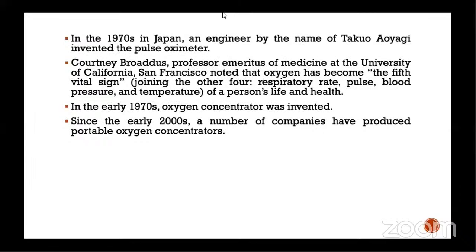Over time, down to 1970, the use of oxygen in managing patients was revolutionized by the invention of the pulse oximeter by Takuo Aoyagi, a Japanese engineer, and that has made the use of oxygen very simple in clinical medicine.